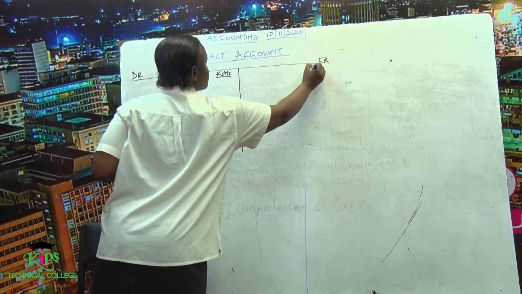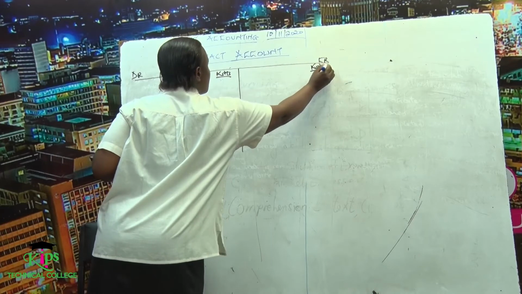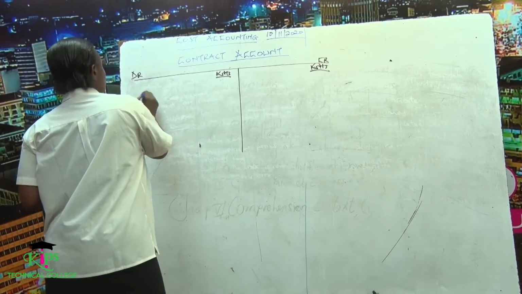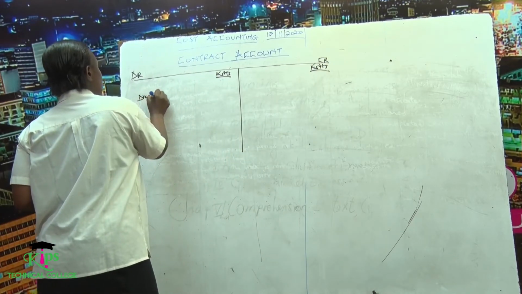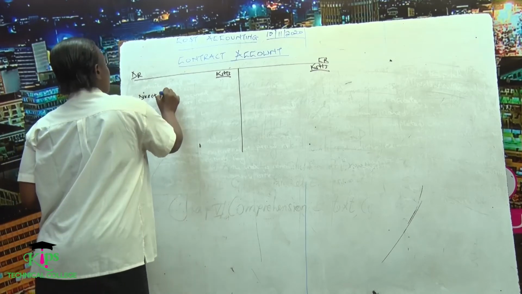We have the currency which we are using, that's the amount column. Then we have direct materials on the debit side.